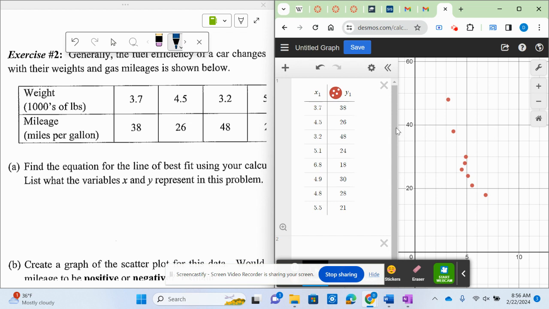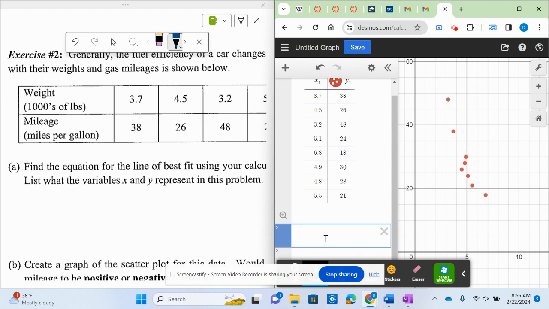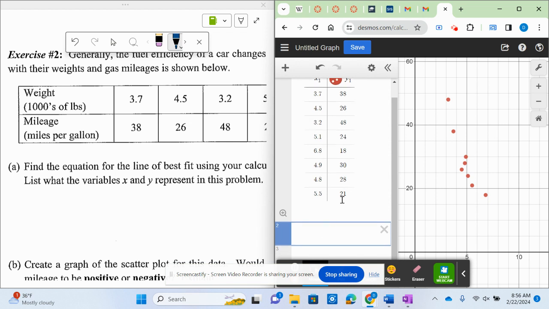So how do we get our equation? Because it says find the equation. Does anyone remember how to do that? Actually, no, we're going to let the calculator do it all for us. Go to the next tab in Desmos right below your table. You're going to do Y1. Why are we choosing Y1? Because all of our Y values are labeled Y1. Hit shift and the button right below the escape, that little squiggly, the Spanish tilde.